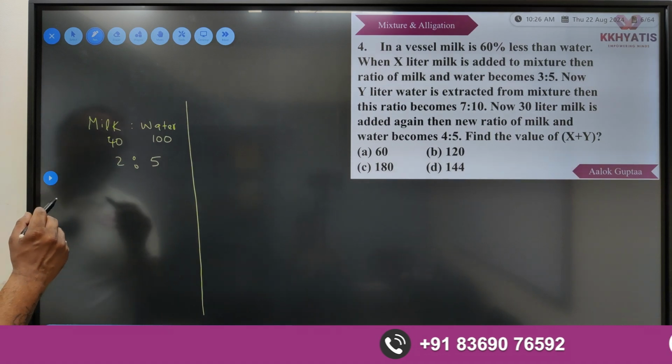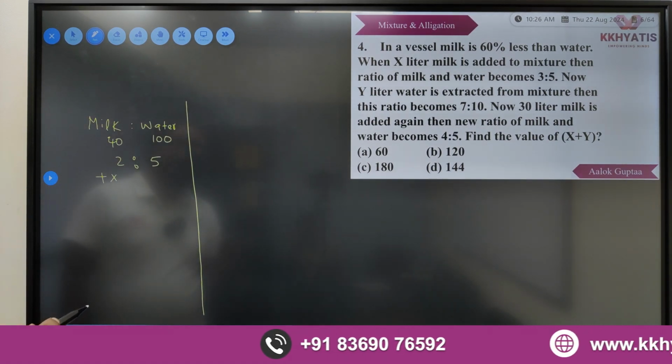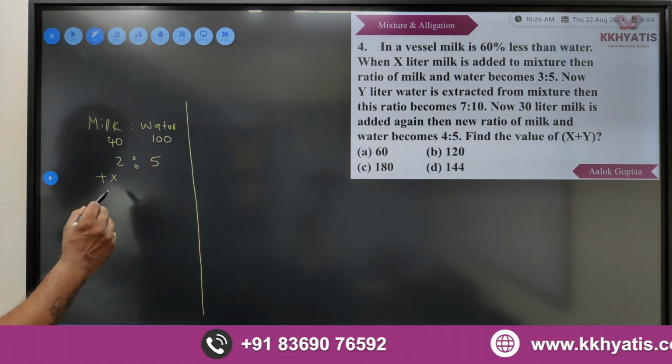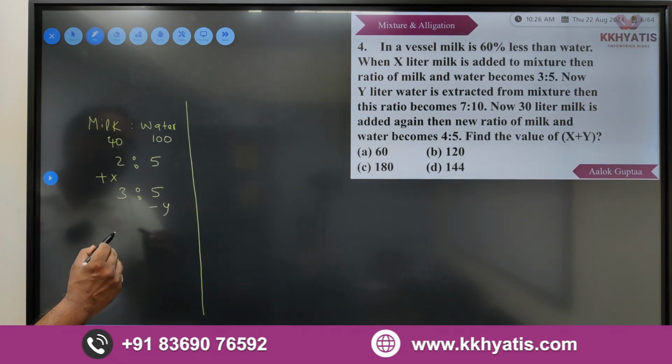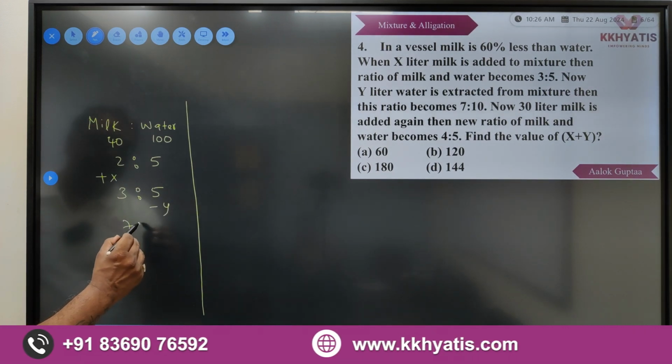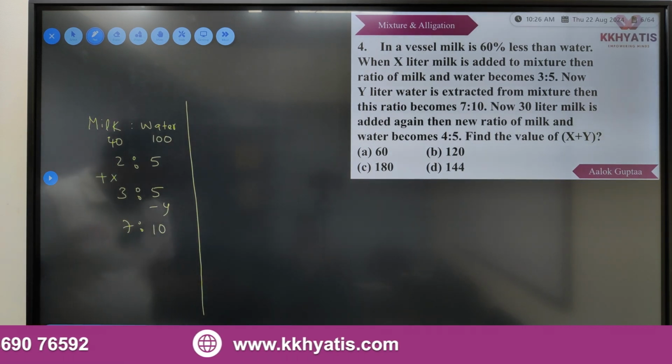X liter of milk is added. So now I'm adding X liter of milk. The ratio becomes 3:5. Now Y liters of water is extracted. Ratio becomes 7:10. 30 liter of milk is added again.